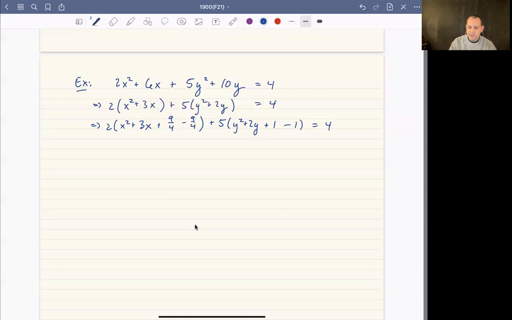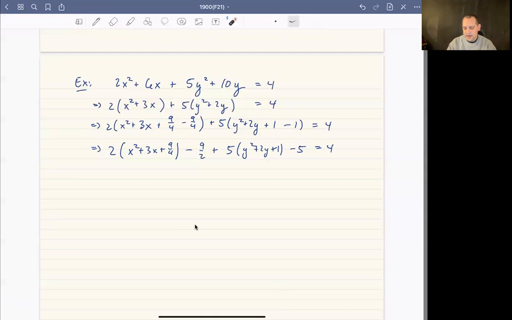And now what I'm going to do is I'm going to take our terms in front and multiply them with the terms that we subtracted, and then move those over. And so what's going to happen is we're going to end up with, let's see, so this is going to be 2 times the quantity x squared plus 3x plus 9/4 minus 9/2 plus 5 times y squared plus 2y plus 1 minus 5 equals 4.